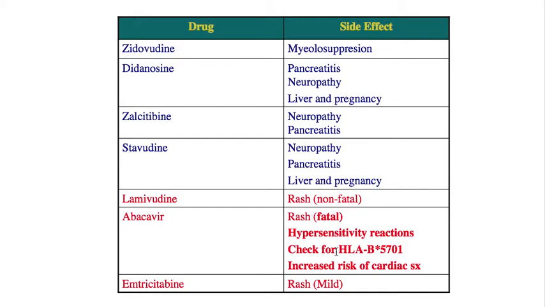This is only seen in patients with a specific HLA determinant, HLA-B*5701. This is also the determinant that increases the inflammatory reaction and may result in lower HIV viral loads. But this must be checked, and patients who are HLA-B*5701 positive may not receive abacavir. There's also an increased risk of cardiac disease in patients on abacavir.